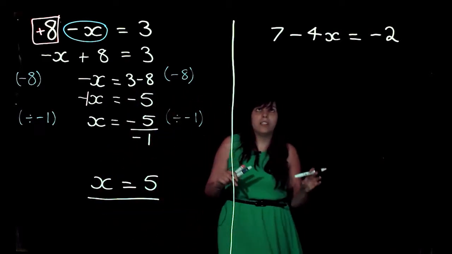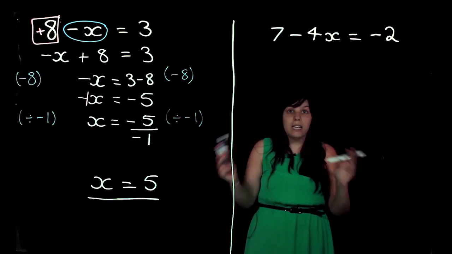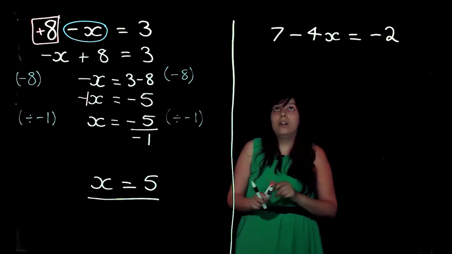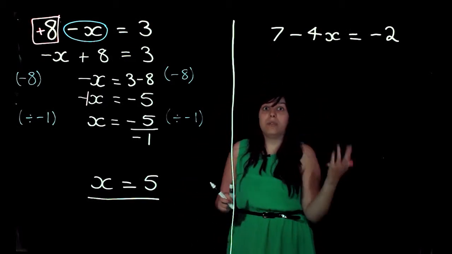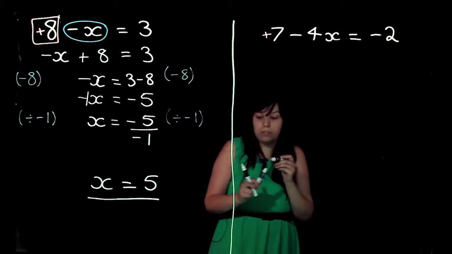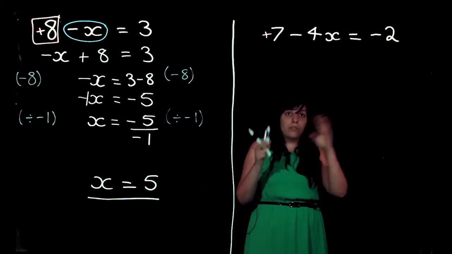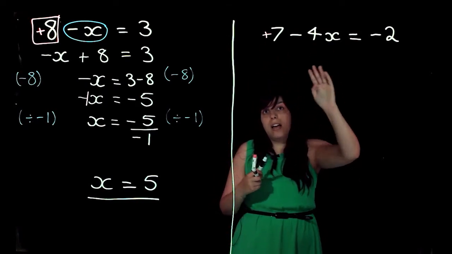Now, if I move to this slightly more difficult example, I'm going to do exactly the same thing. I'm going to look at my 7 and think, is it positive or negative? Well, I know it's positive because there isn't a sign in front of it. So I'm going to rearrange this side to get the x at the front and then the constant.